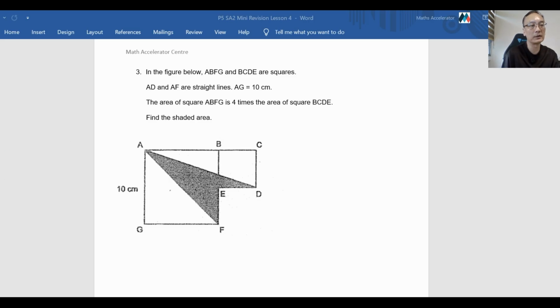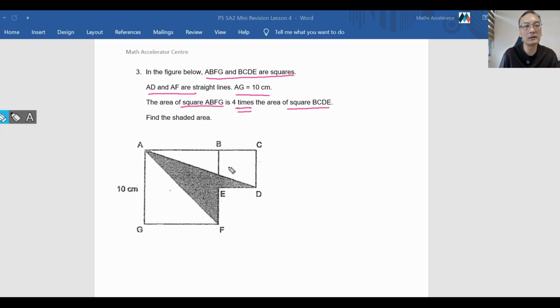So let's underline some of the keywords in this question. We have two squares. We have two straight lines over here, and AG is 10 cm. The area of square ABFG is 4 times that of the area of square BCDE.